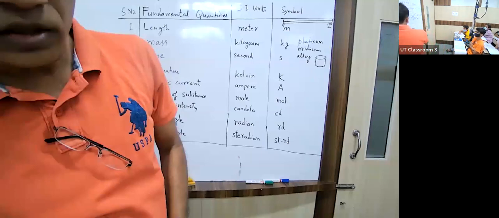Now, what is solid angle? Solid angle is an angle in 3 dimensions, a 3D angle. Can you give me an example of 3D? Sphere, correct. If you have a sphere like Earth, any planet, or a football, so this is Earth.